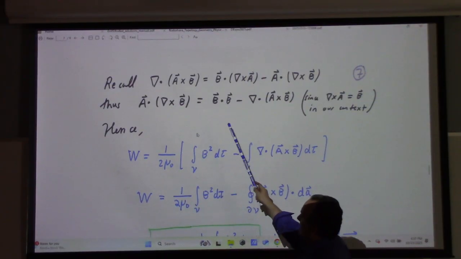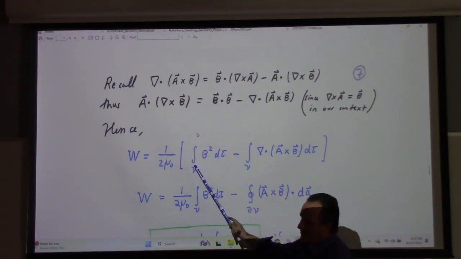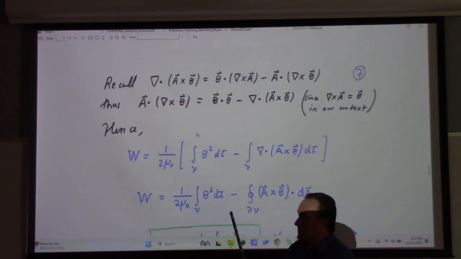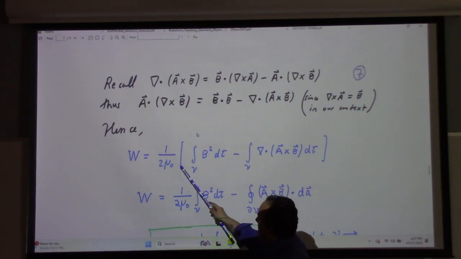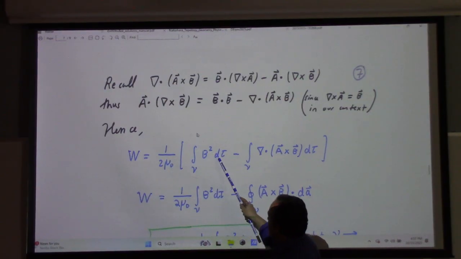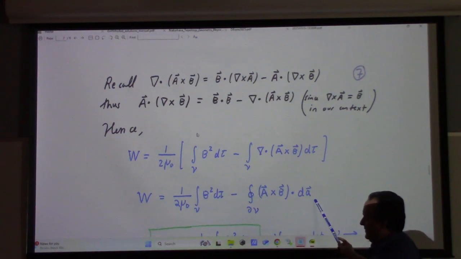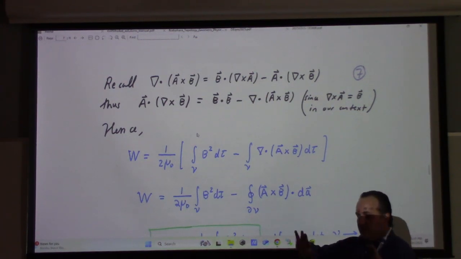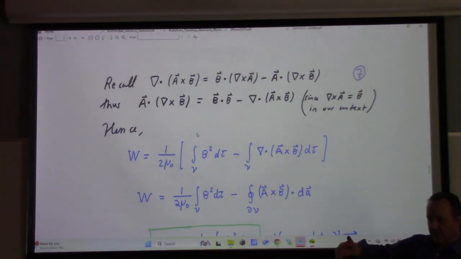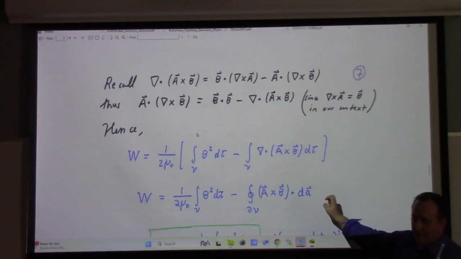So going back to the previous formula, the energy stored in the inductor is given by, or it doesn't have to be an inductor, it could be any circuit with the current density J, 1 over 2 mu naught integral of B squared d tau minus that piece. But then if we apply the divergence theorem, we have this. If we go far enough out, if we're talking about a finite distribution of current, then this has to eventually go to 0, and we can neglect that.